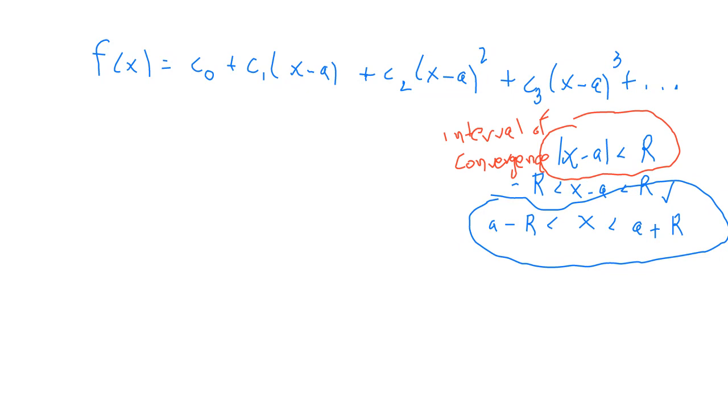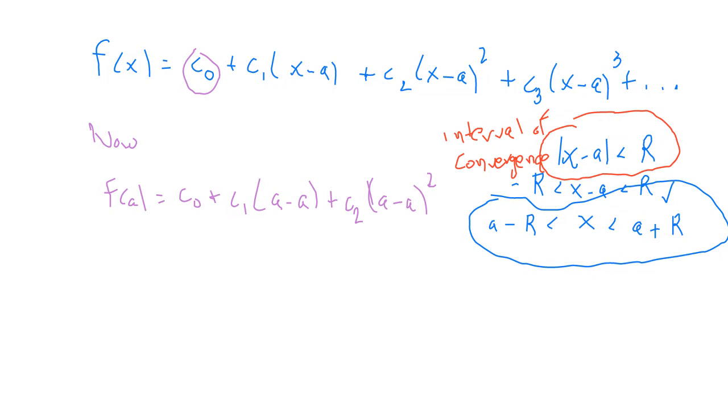But now what we want to do is determine these coefficients. So let's start off at c sub 0. What would f of a equal? f of a would equal c sub 0 plus c1 times a minus a plus c2 times a minus a squared.